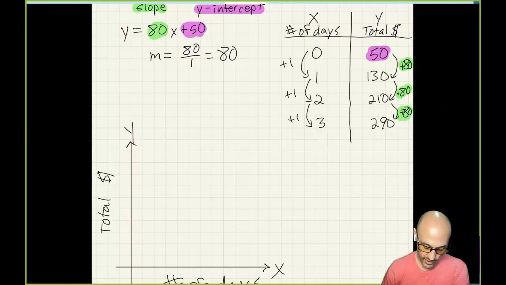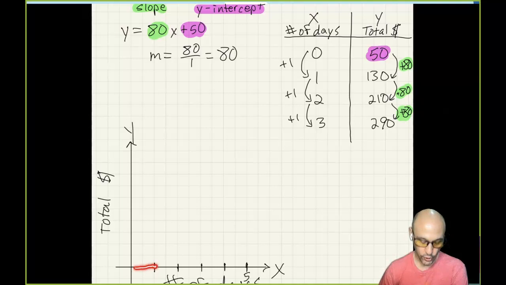And then each time we increase our x value by 1, we go up 80. So we're going to have to really spread out our x-axis here. So 1, 2, 3, 4, this is 5 days. So this is 1 day right here.